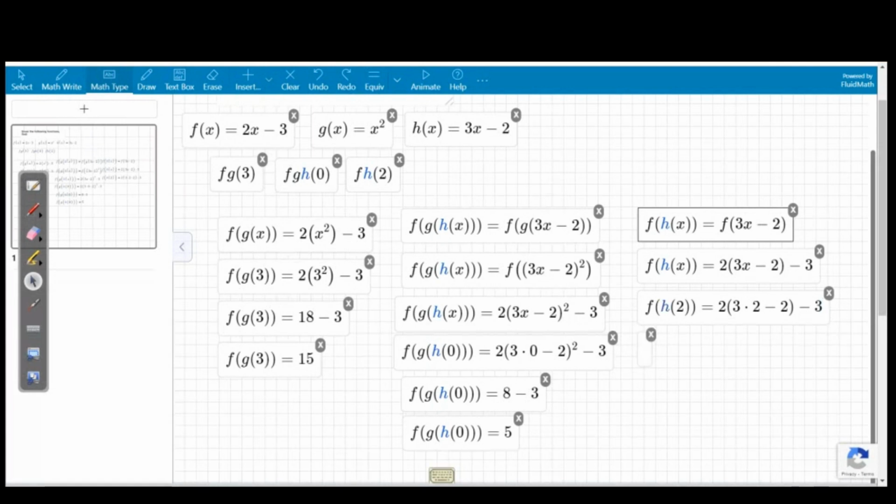So our f of h of 2 is equal to 8 minus 3, which gives us 5. Wow, this is good. So we have solved these functions.